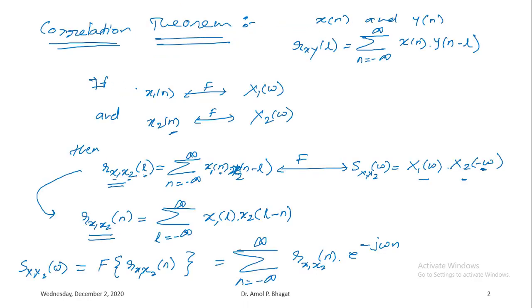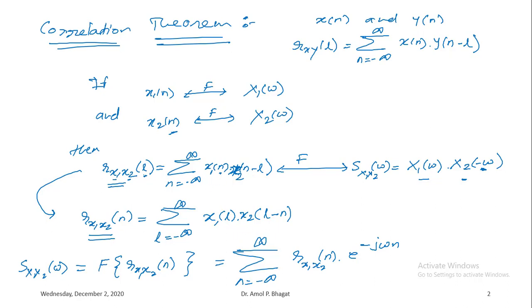The reason for exchanging these variables, l replaced by n and n replaced by l, is that in the Fourier transform formula we take the n variable, summation n equals minus infinity to infinity x of n into e to the power minus j omega n. Therefore the n variable has been exchanged with the l variable.